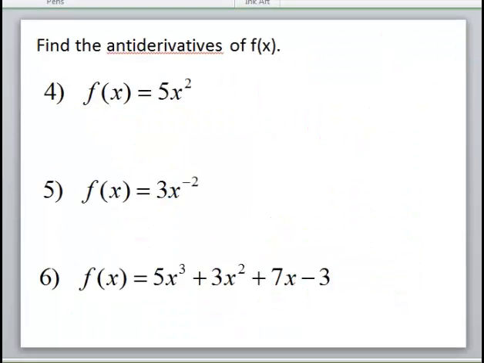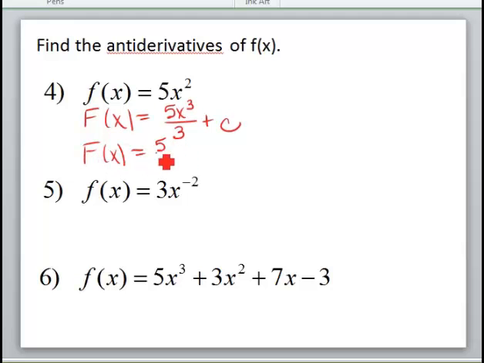I'm going to continue to find antiderivatives and check them. So we're going to take the antiderivative of this f of x. So the antiderivative is 5x to the third over 3 plus c. Always remember our plus c. So we get 5/3 x to the third plus c.